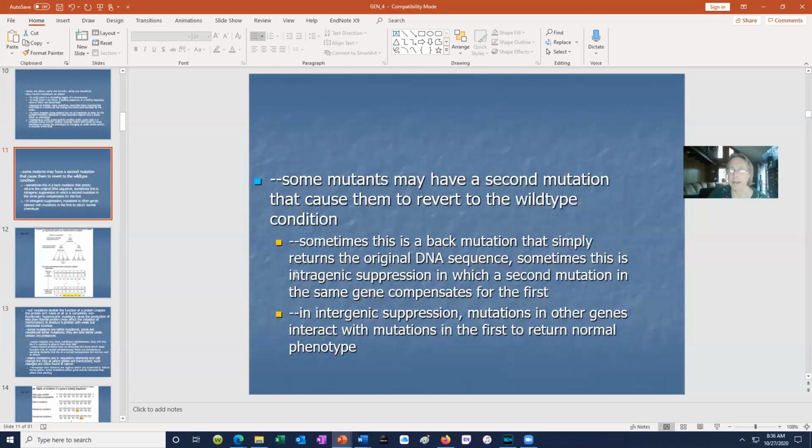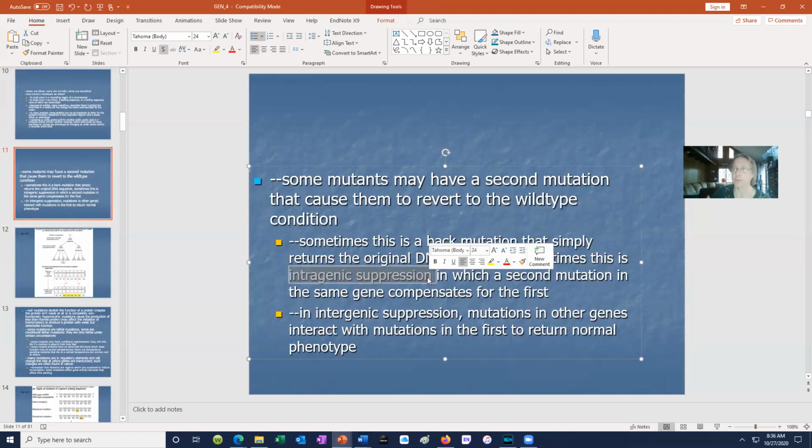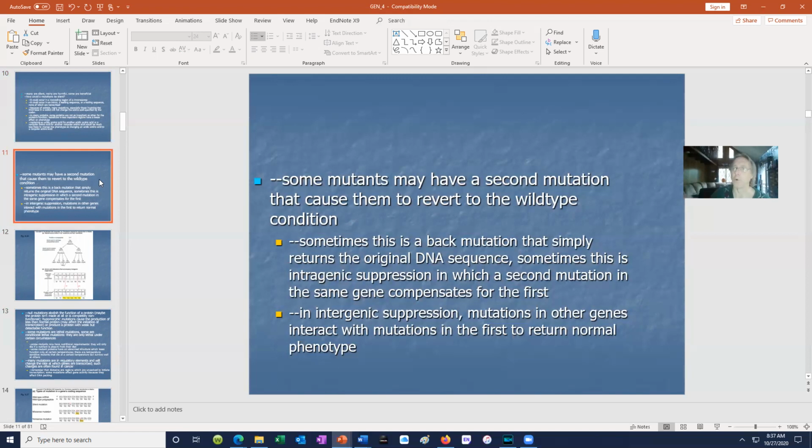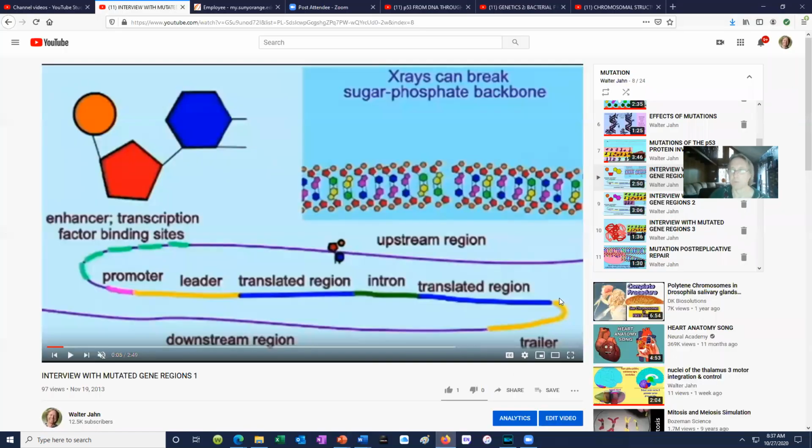So that could be an intragenic suppression of a mutation. So the second mutation occurs in the same gene as the first, and it gets you back to normal. But maybe a mutation in a second gene then gets you back to wild type function. That would be intergenic suppression. And so there's all of these variations to consider as well.